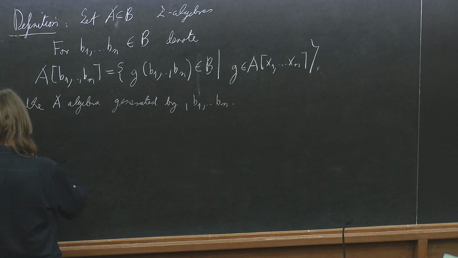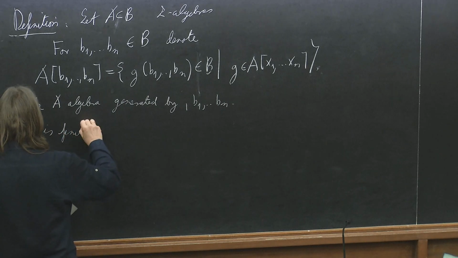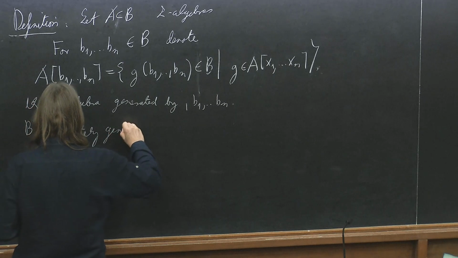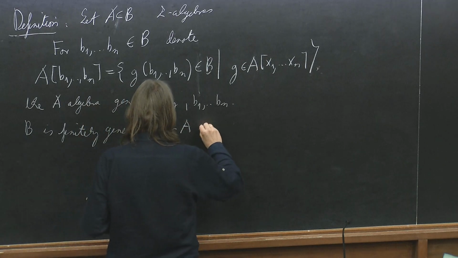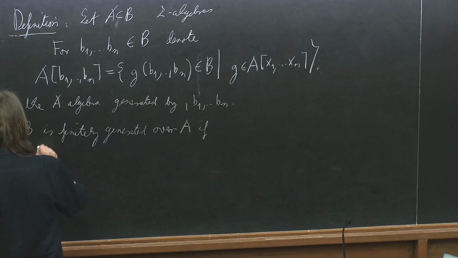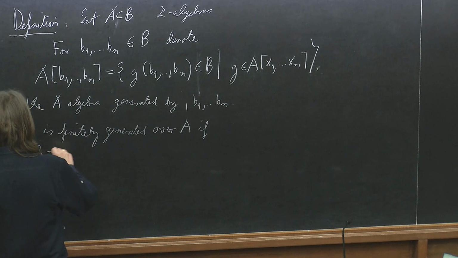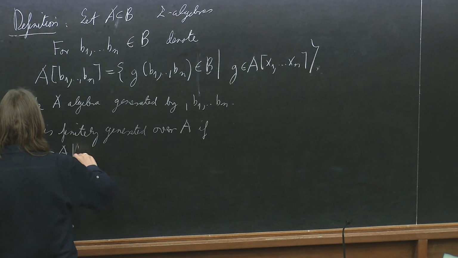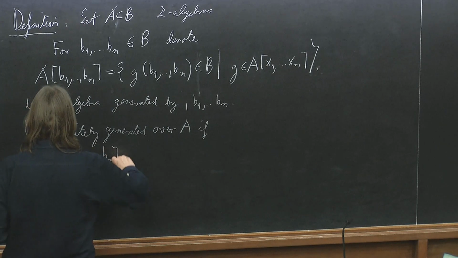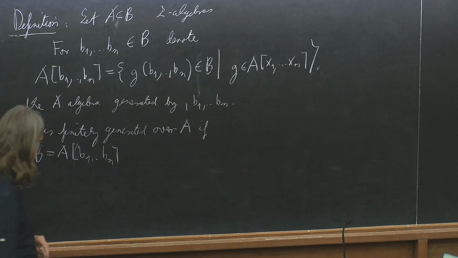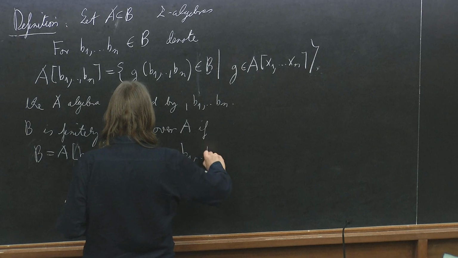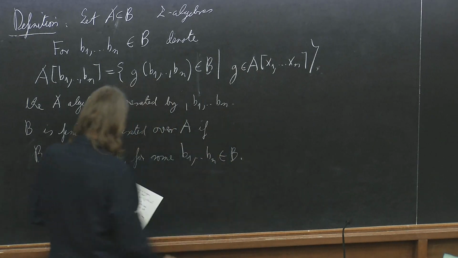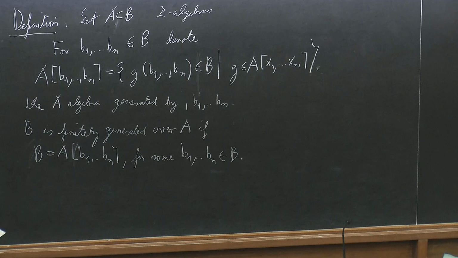So B is finitely generated over A if I can write it like this: B is equal to A[B1, ..., Bn] for finitely many elements B1 to Bn in B. Okay. So this is finitely generated.